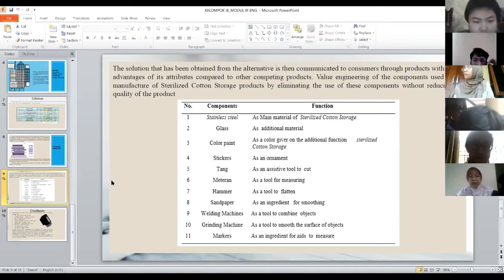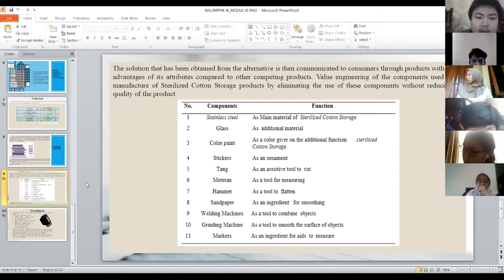Okay, for Team 1E. Thank you to the moderator. The reason why we use glass as the additional function, additional material, is that it can be used to see the cotton inside. So when it has decreased, the dentist can put new cotton inside.